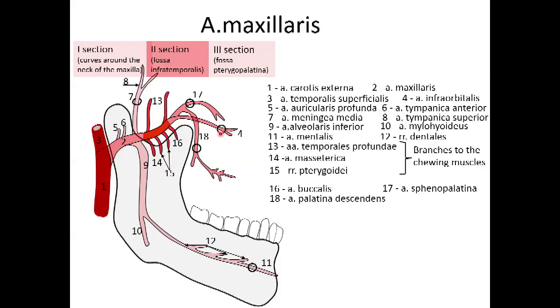To enter there, it's necessary to use fissura orbitalis inferior, through which the main part of the third section passes.